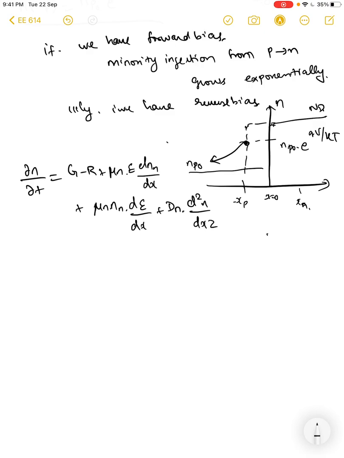And we are talking about steady state, so obviously you can bring this to 0, and we are not having any generation. It's an approximation again, right? Now this is the third approximation, that there is no generation.